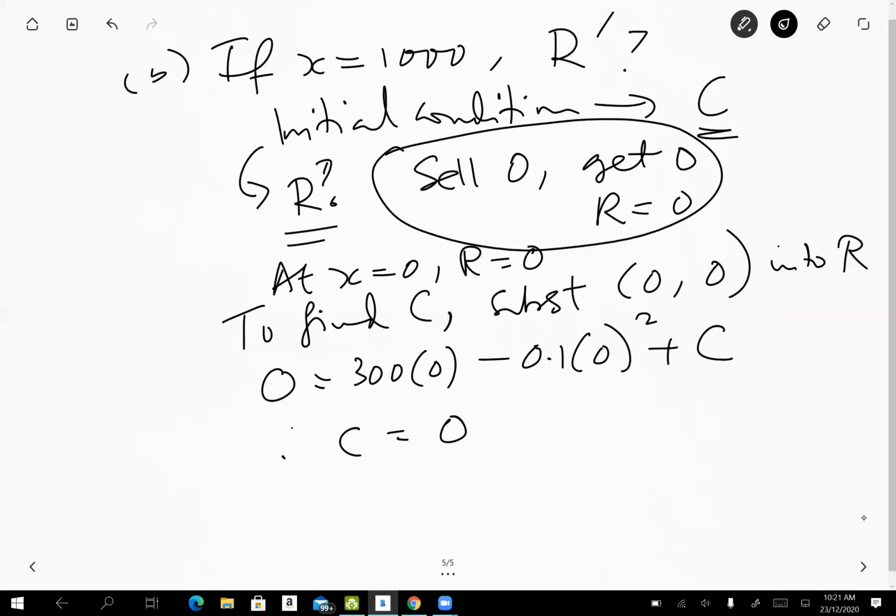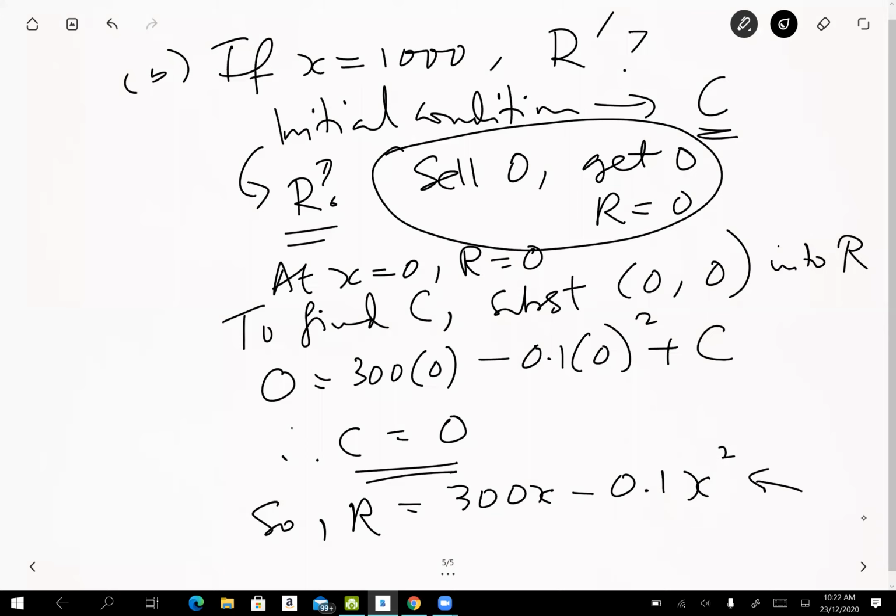So our revenue now, the c becomes 0, and we only have 300x minus 0.1x squared. Given this, you can find the revenue when x equals 1,000.